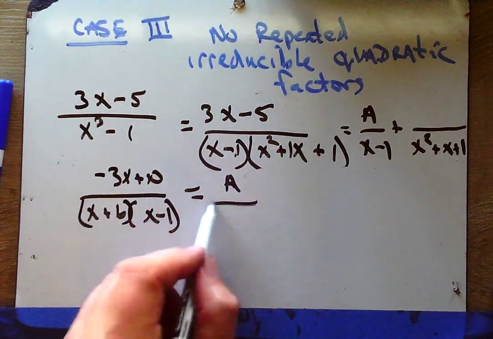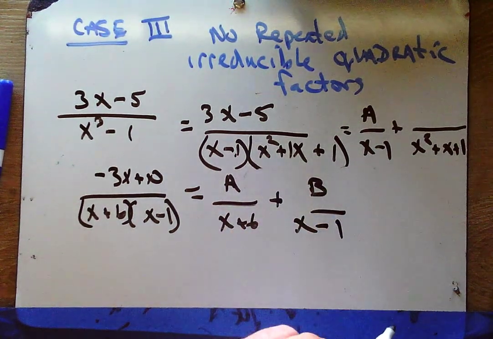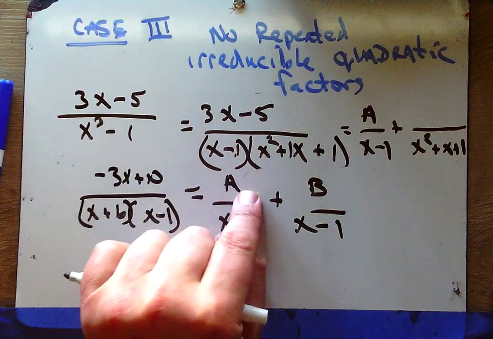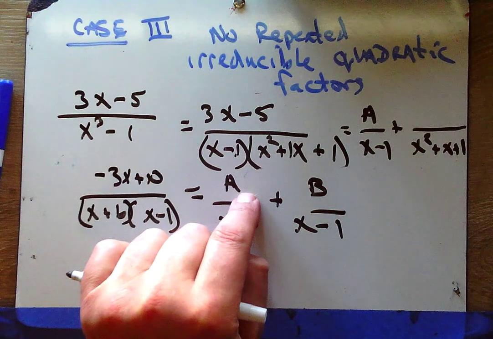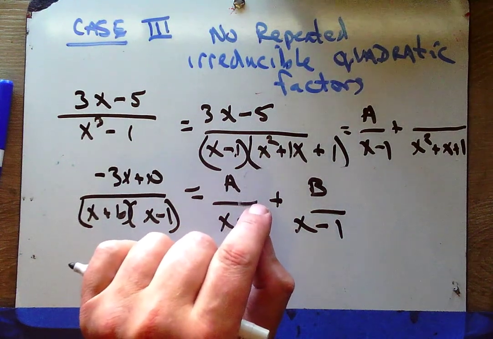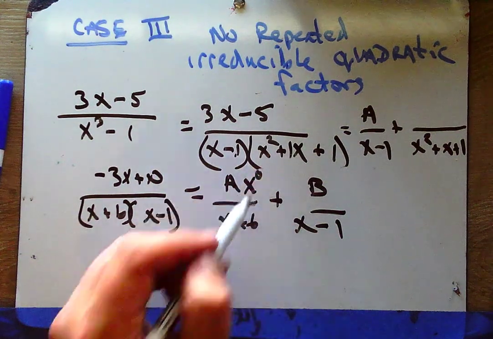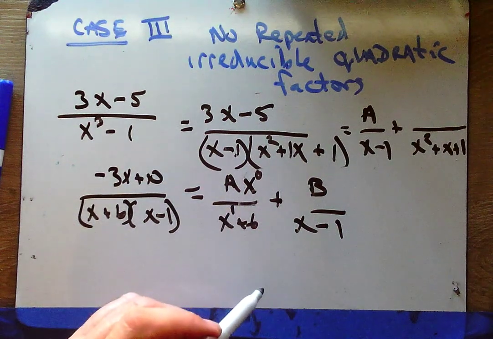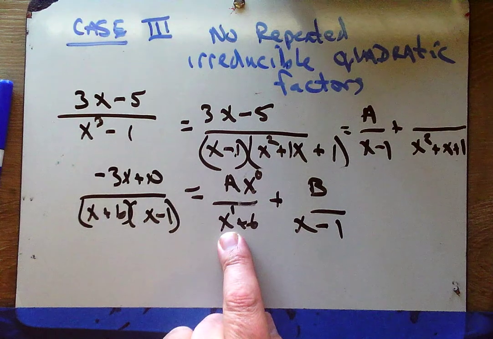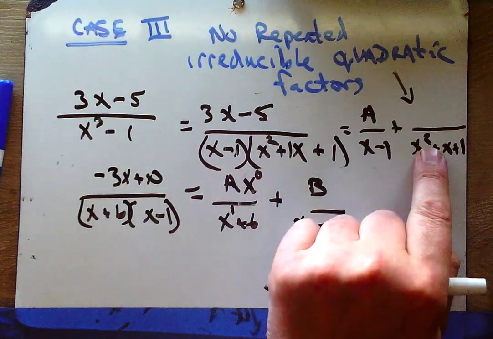And I said, hey, what about a over x plus 6 and b over x minus 1? Right? Okay. What degree x do you see here? I know, it's a really hard question for a lot of people because they don't see an x there. That's right, because it's x to the 0, and that's x to the 1. See how this degree is 1 less than this degree? Well, this degree has to be 1 less than this degree.